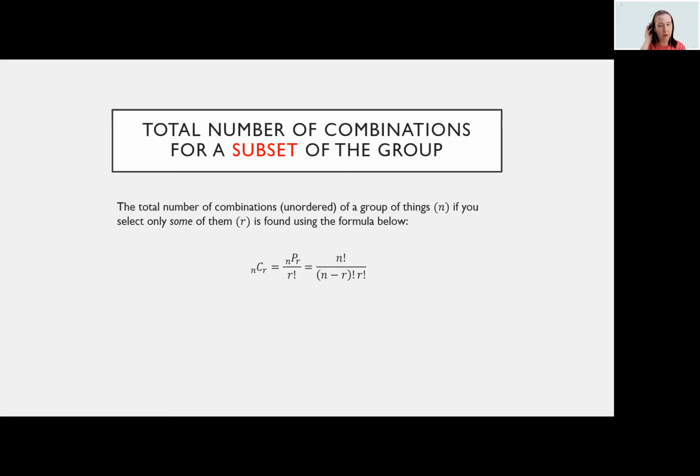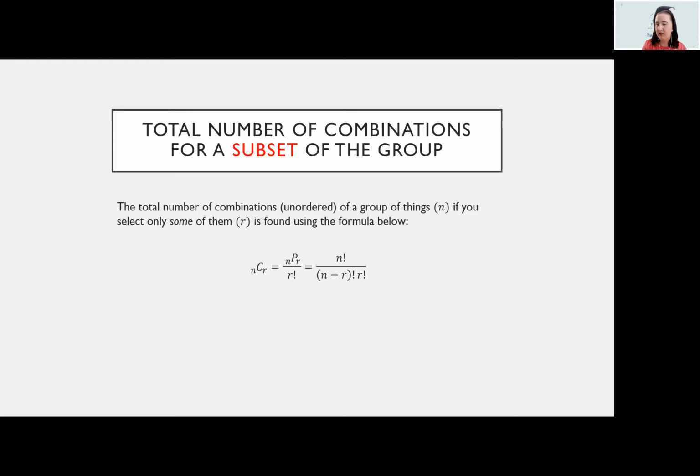So our formula for the number of combinations of a subset of a group is very similar to the permutation formula. We just have one difference. You have n things you can choose from, and you're only picking some of them. That's r.